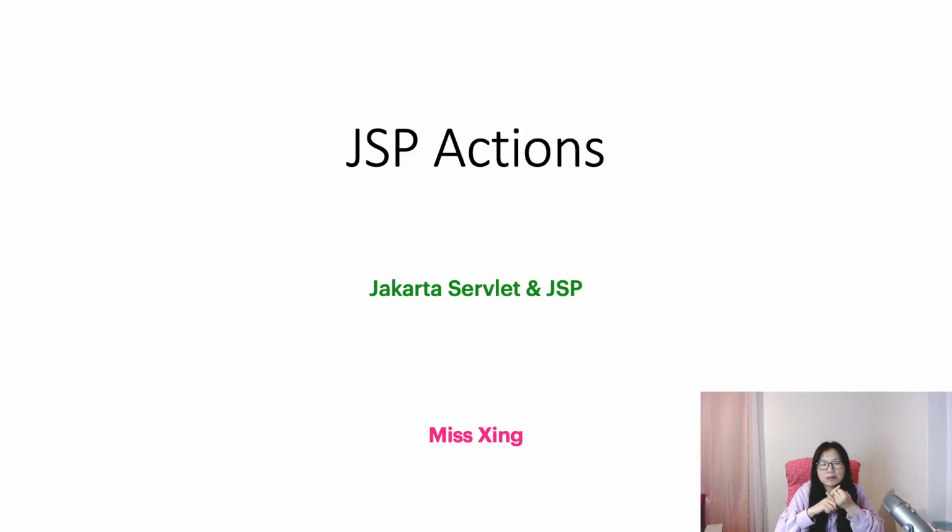We also talked about directives, and we mentioned how many? We already mentioned 2. The first one is called page, okay, for importing some libraries or classes. And there's another one where we set the page type as text HTML and character set, right?